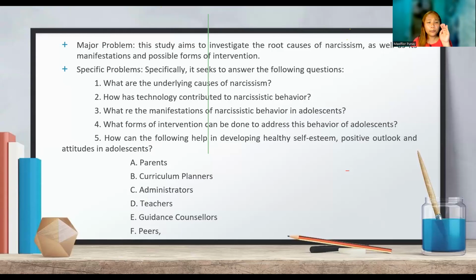And number 5, how can the following help in developing healthy self-esteem, positive outlook, and attitudes in adolescents? For parents, and so on. This relates to your significance of the study, for whom your significance of the study is intended. Based on your statement of the problem, it relates to where your study is heading.